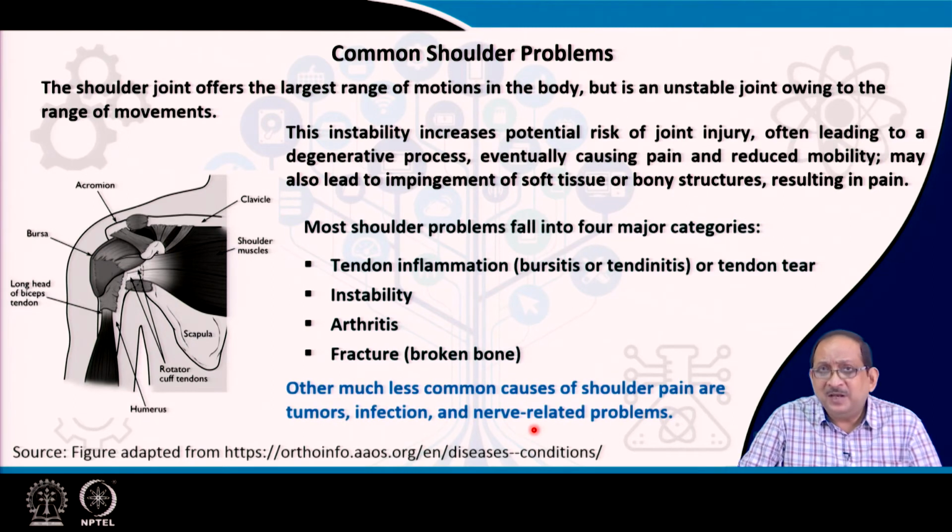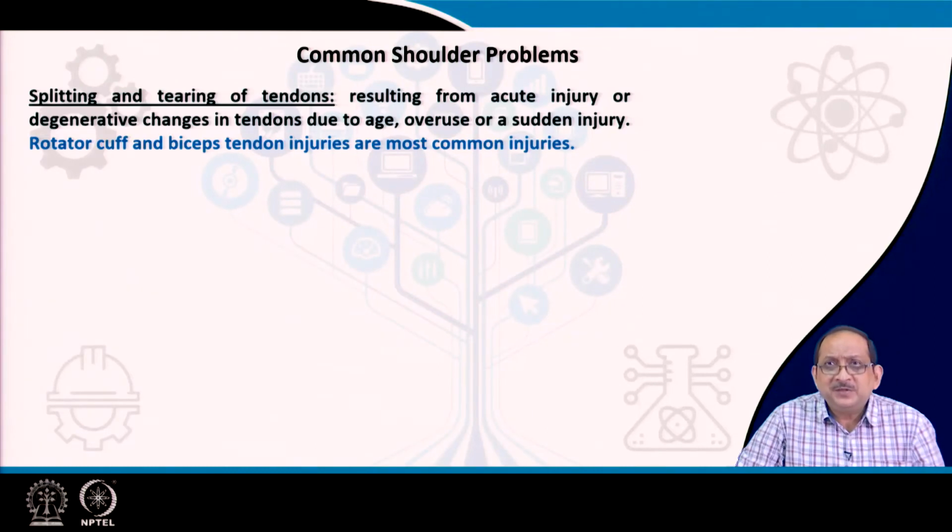Other much less common causes of shoulder pain are tumors, infection, and nerve-related problems. Now, let us discuss a little bit more in detail the problems of the shoulder which were indicated earlier.